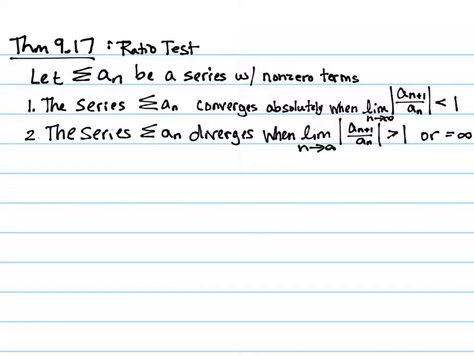So the question is, what happens when it equals 1? You might think the third option we had last time was converging conditionally, and it would seem like a logical thing to happen next, but that is not what happens. When it equals 1, the ratio test is inconclusive.